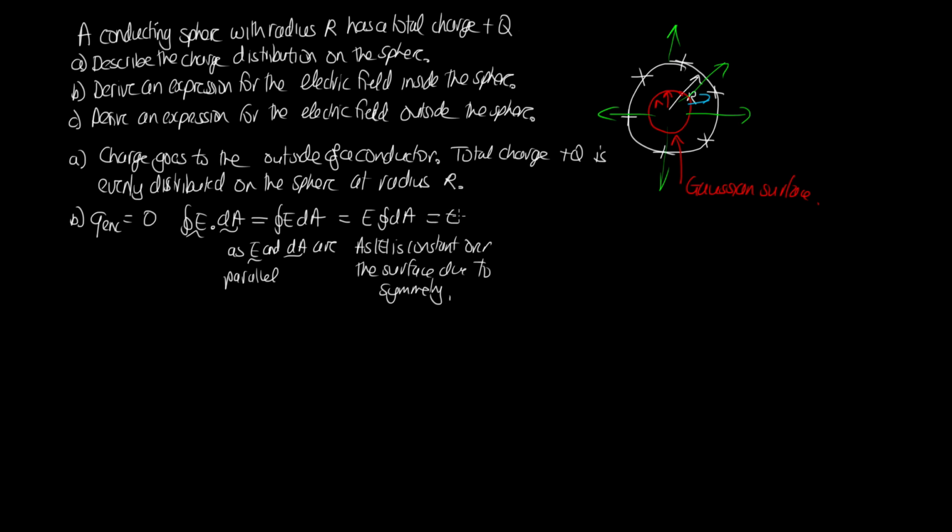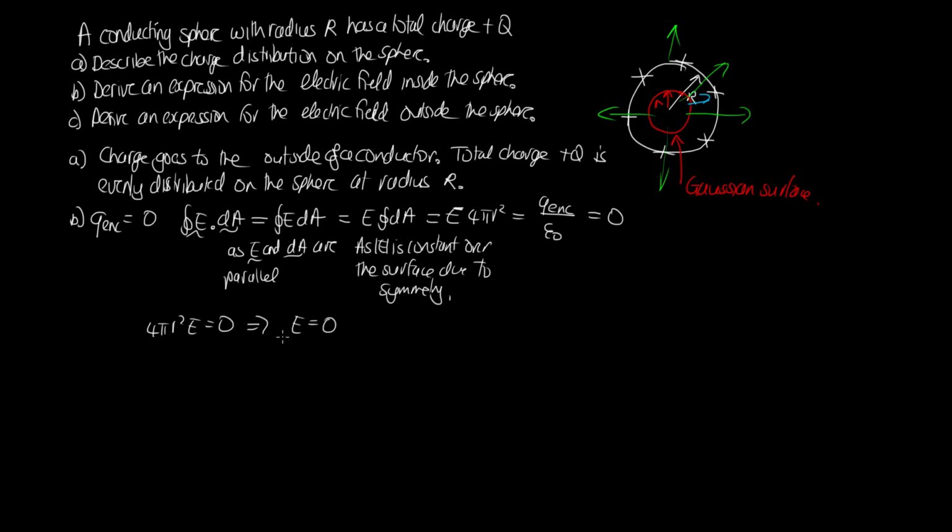And so this is equal to E. When we integrate the surface area, we get 4 pi r squared, the total surface area of our Gaussian surface. And then this is equal to Q enclosed over epsilon naught, but Q enclosed we've said is 0, so this is equal to 0. So 4 pi r squared E is equal to 0, which tells us that the electric field must be equal to 0.